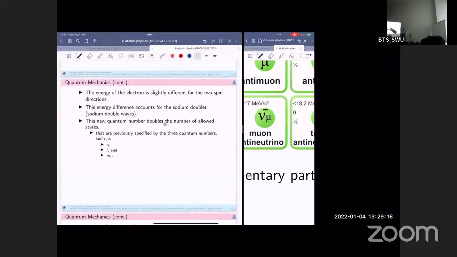This new quantum number doubles the number of allowed states from the conventional quantum states in the literature, which were previously specified by three quantum numbers: n, the principal quantum number, l, the orbital quantum number, and ml, the orbital magnetic quantum number. So right now at the moment we have four quantum numbers, right?